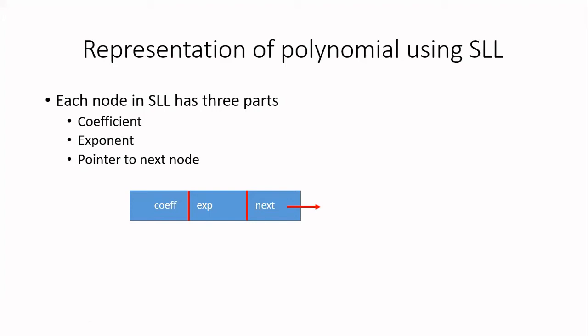If it is a doubly linked list, every node will have two pointer fields. Irrespective of the number of elements in a node, it will have only one next field in a single linked list. Since we need to store coefficient and exponent in a polynomial, I am taking a single linked list with three fields totally: two for coefficient and exponent and one more for the pointer to the next node.